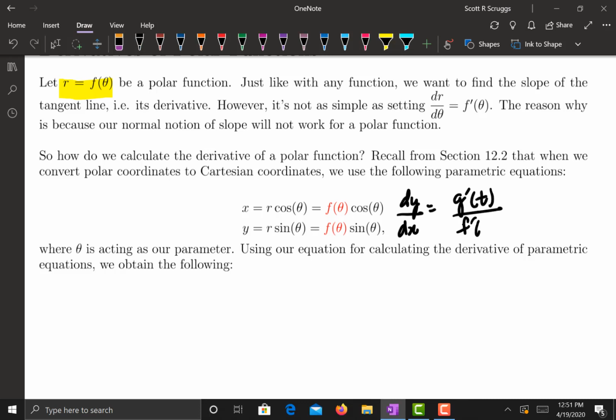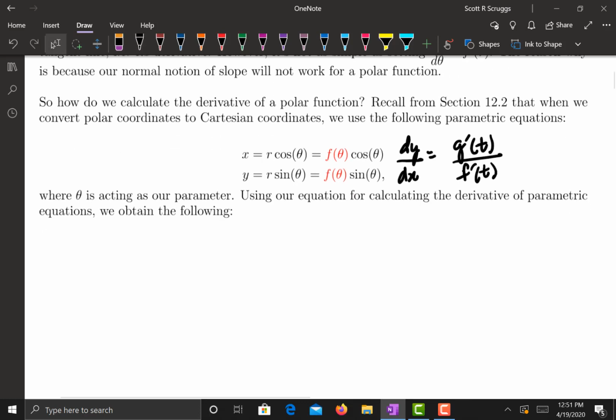We take derivatives of a parametric equation by essentially taking the derivative of the function married with y divided by the derivative of the function that is married with x. And so now we're going to play that same scenario with this set of parametric equations. So let's do that.